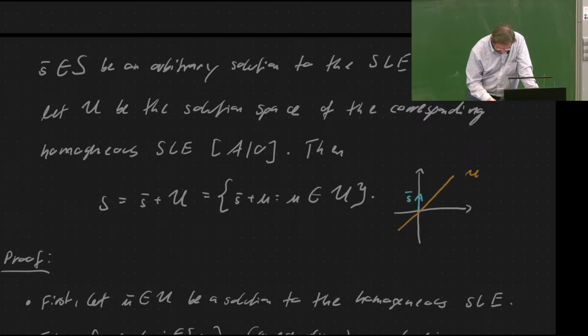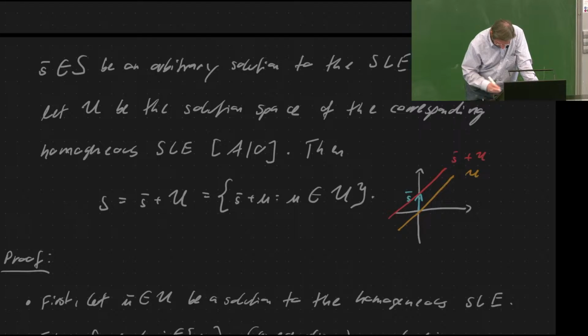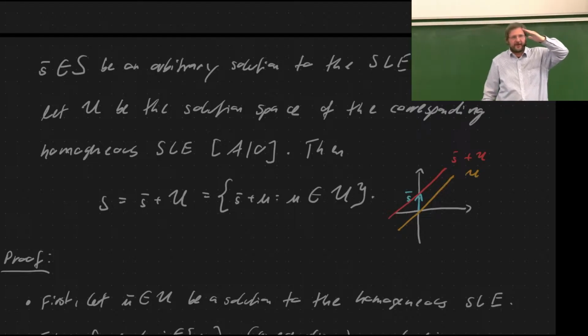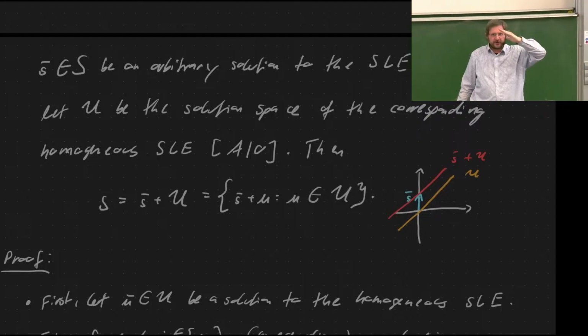Then S bar plus U simply looks like this. So we're taking that linear subspace and translating it by S bar, by a particular solution of our inhomogeneous system, and that's the whole solution set of the inhomogeneous system.